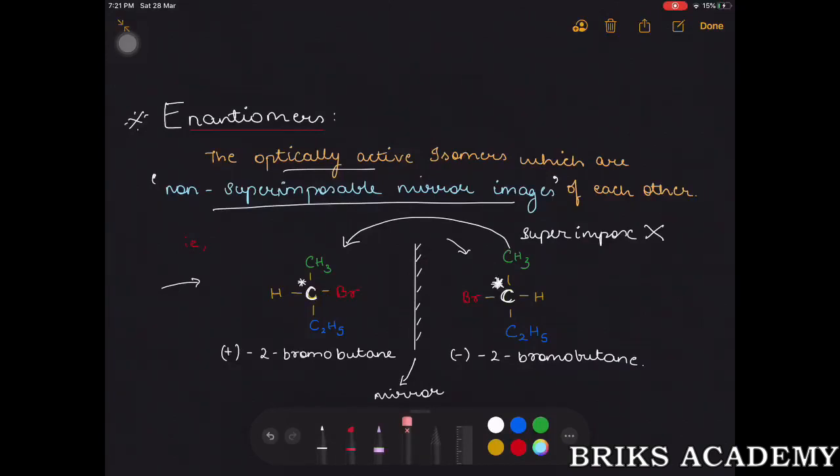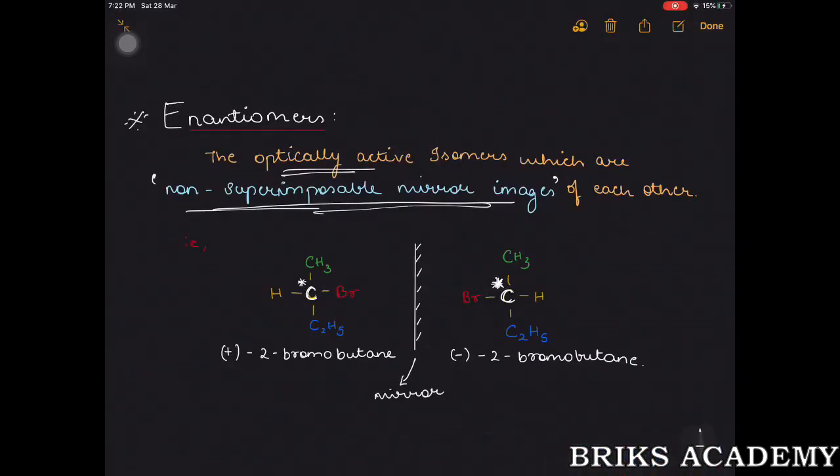Hence, both the compounds are not superimposed. Hence, the definition of enantiomers says they are optically active isomers which are non-superimposable mirror images of each other. Hope the concept of enantiomer is clear. Moving on to the next concept.